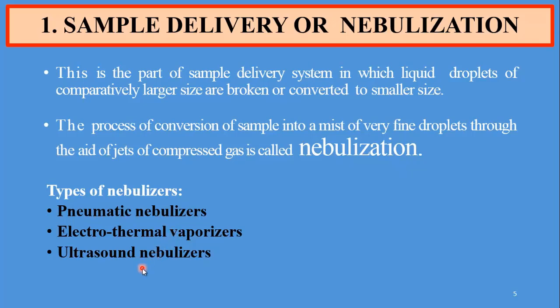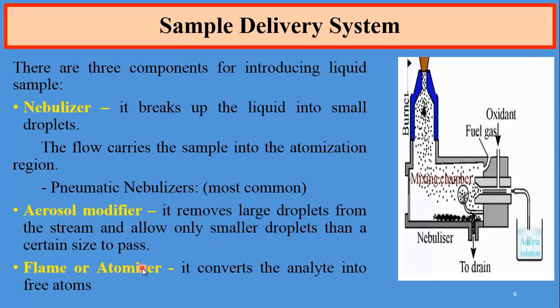The sample delivery system consists of different components for the liquid sample. Nebulizer: it breaks up the liquid into small droplets. Here you can see the function of the nebulizer. The flow carries the sample into the atomization region, and mostly used is the pneumatic nebulizer.